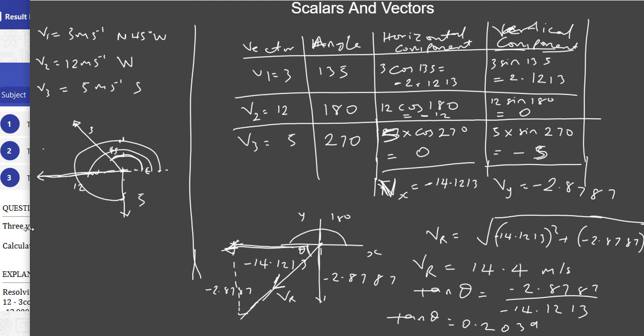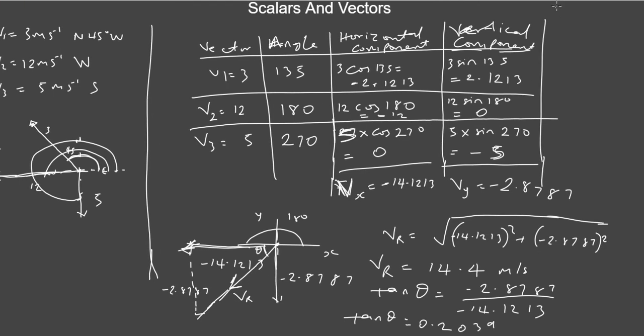So what will be the angle theta itself? To calculate the angle theta, this is what we'll do. Angle theta will be the arctan of 0.2039, and that will give 11.5 degrees.